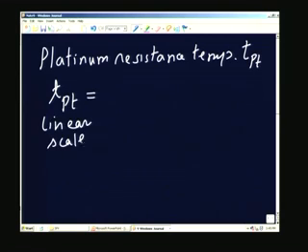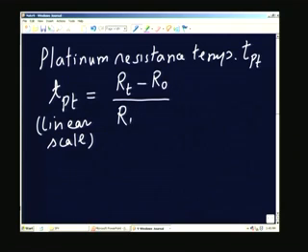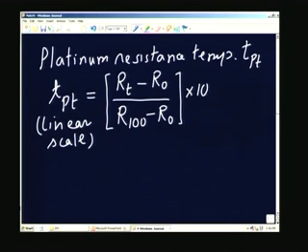This is actually a linear scale, it does not take into account the nonlinearity. So, I will define it simply as RT minus R0 divided by R100 minus R0 multiplied by 100.